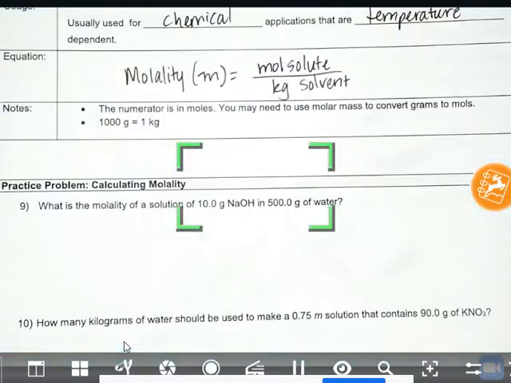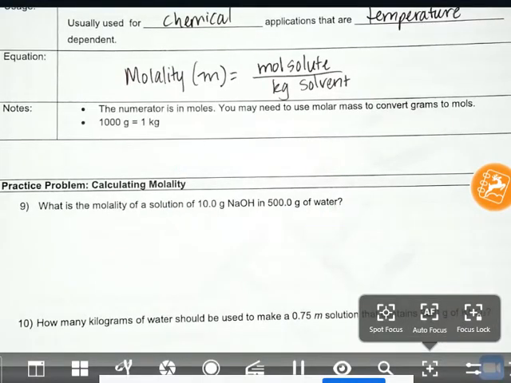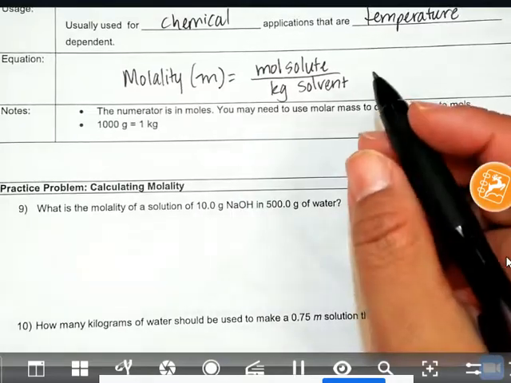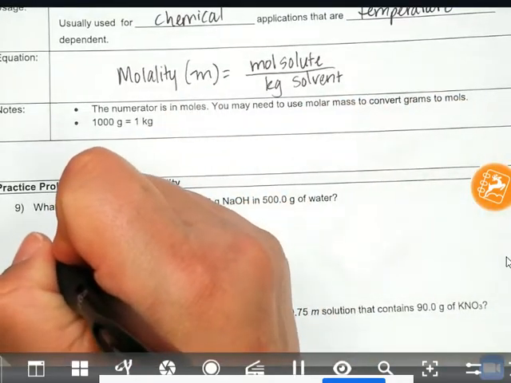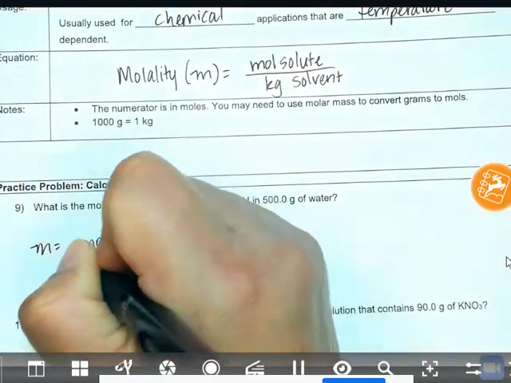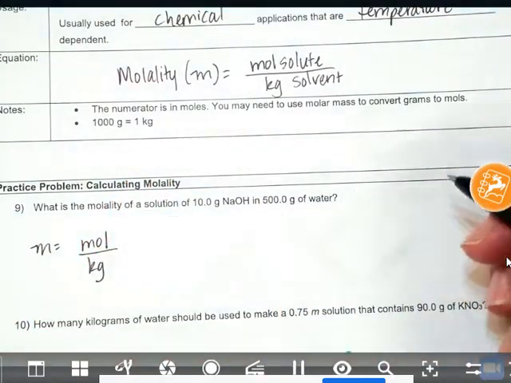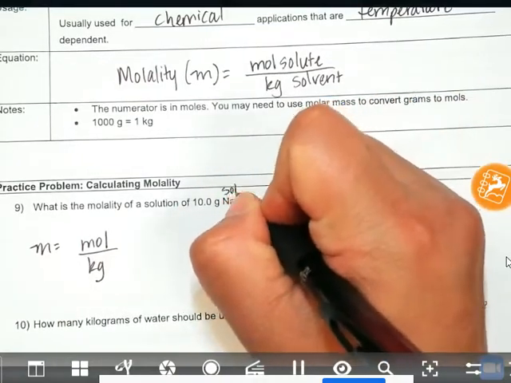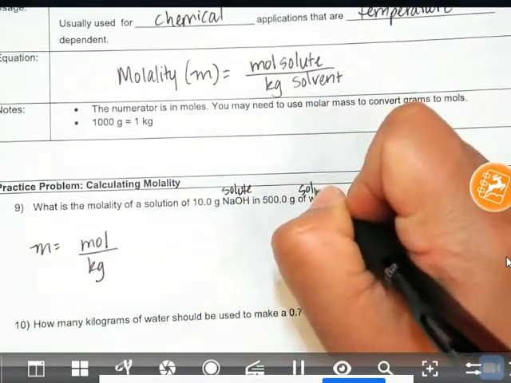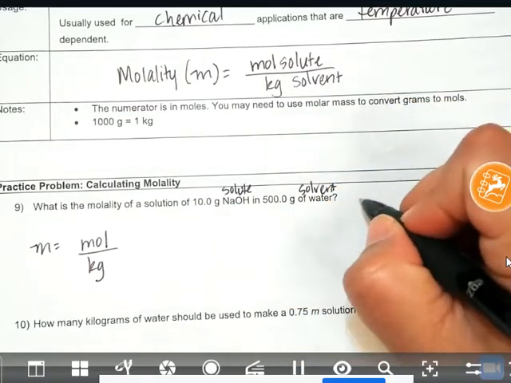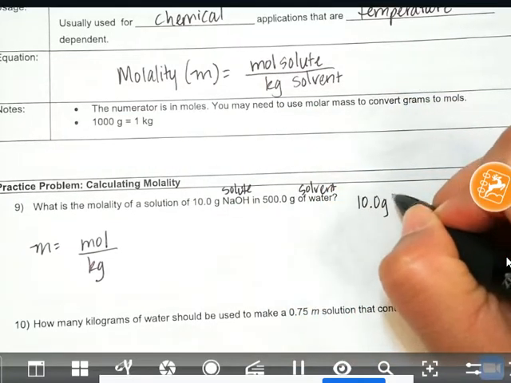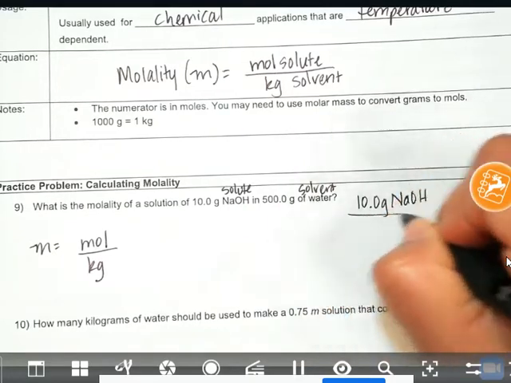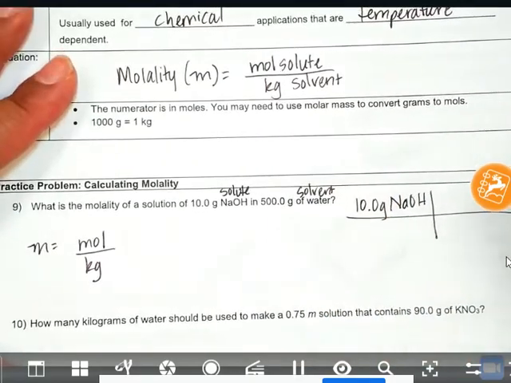What's the molality of a solution of 10.0 grams of NaOH in 500.0 grams of water? So my equation for molality is moles of solute over kilograms of solvent. I'm going to identify my solute, and I'm going to identify my solvent. So I'm going to convert my 10.0 grams of NaOH into moles of NaOH.